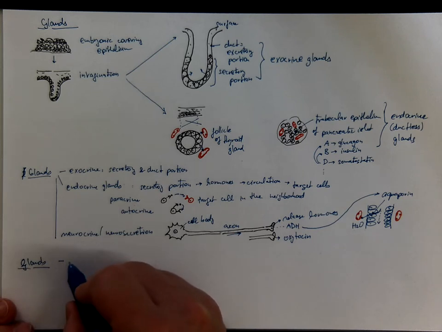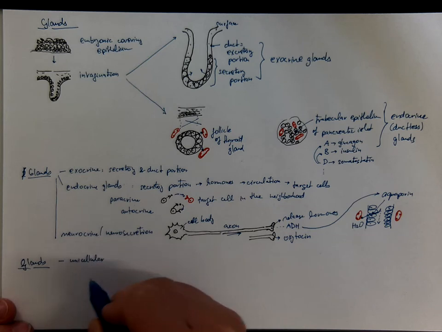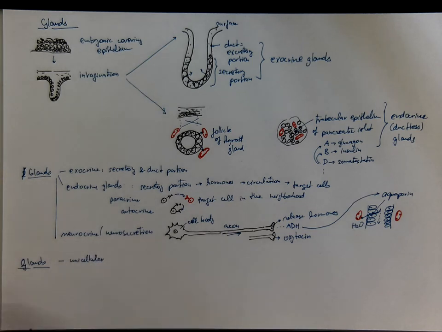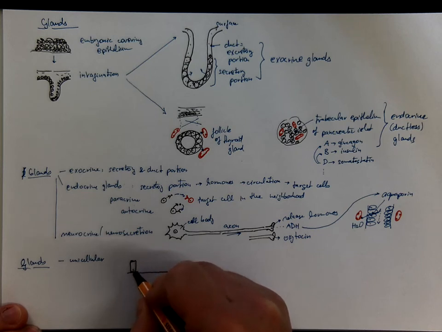So we have unicellular glands, and a good example of that would be the goblet cells that are among the enterocytes of the small and large intestine.